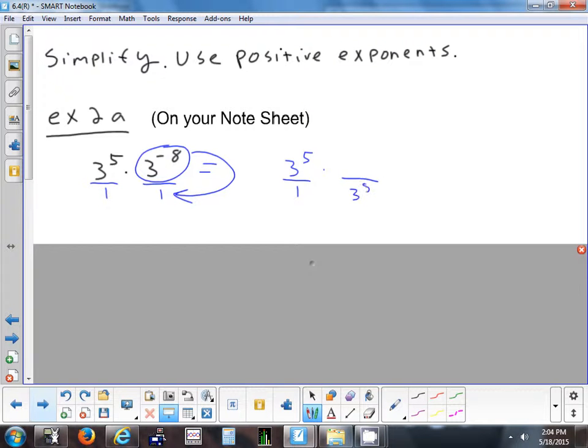So we have this. Now we can't leave the top empty. We've got to put something there. We just put a 1. Now when you multiply these fractions, just go straight across the top. Eli, what's 3 to the 5th times just 1? Yeah, that's the same.